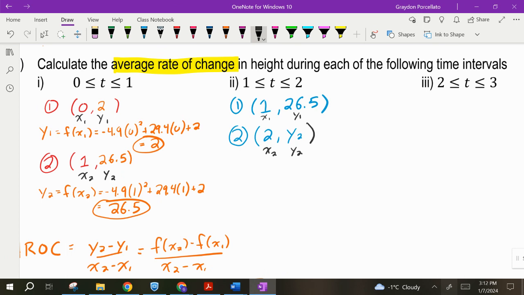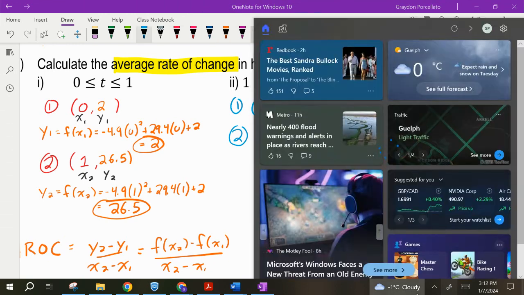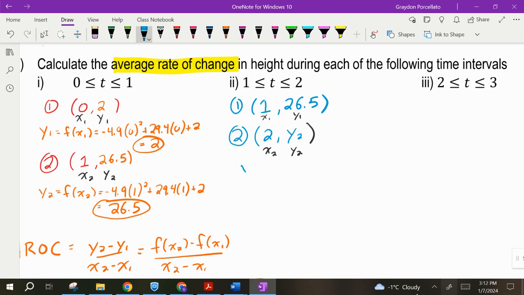How do we figure that out? Well, I sub 2 into my equation. So my y2 is equal to f of x2, which is negative 4.9 bracket 2 squared plus 29.4 bracket 2 plus 2. And what I get is a value of 41.2.